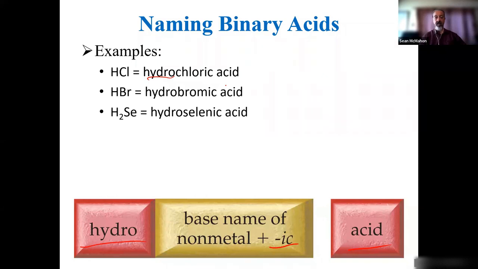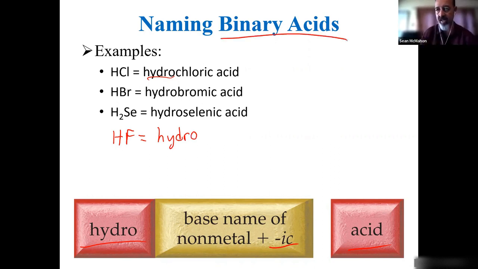Hydroselenic. Now, there's more, right? What about that? Hydro. Why am I using the hydro prefix? It's a binary acid. How do I know it's a binary acid? There's only hydrogen and a non-metal. Hydro, fluor, because fluorine, ic, acid, suffix.